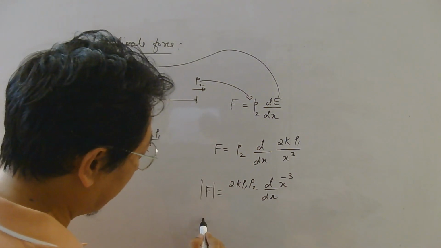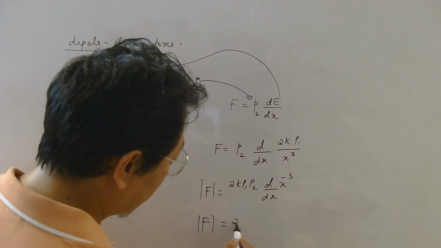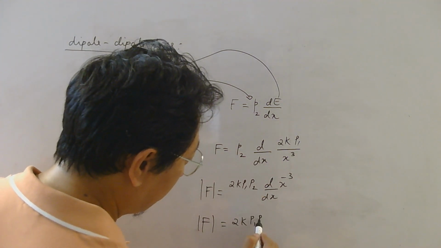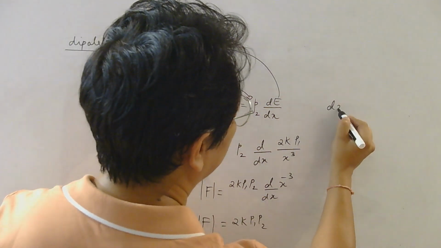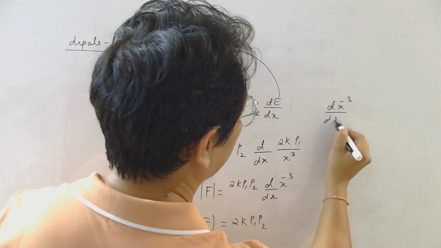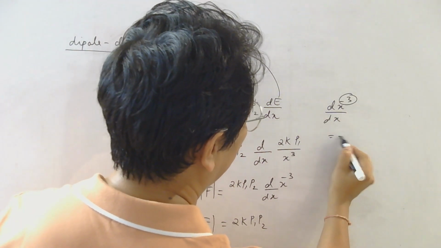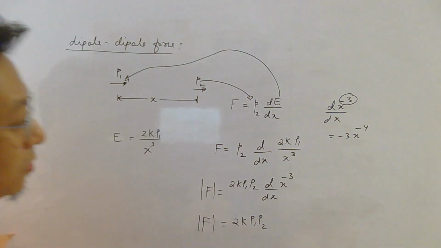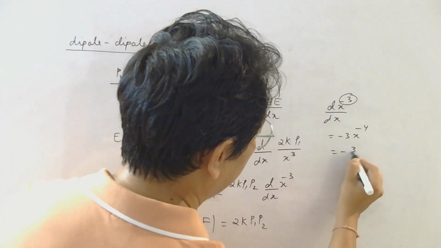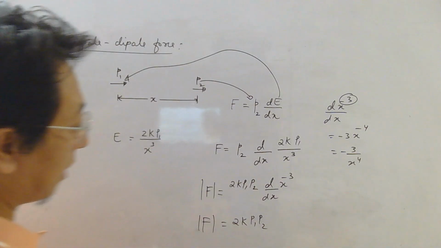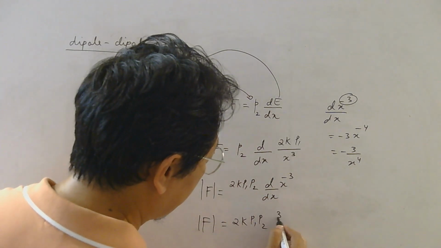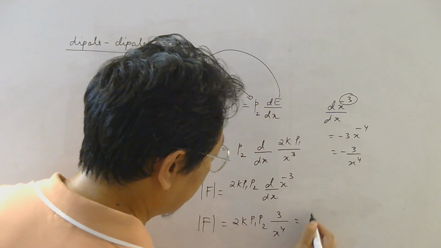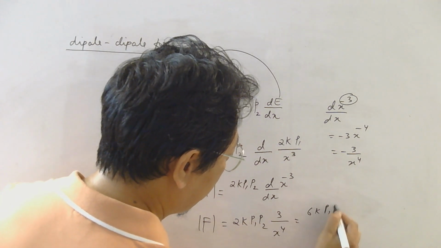The direction of the force I will let you know how to find. So this will be 2kp1 p2. Now differentiation of x power n is n x power n minus 1, so with n equal to minus 3, we get minus 3 by x power 4. But I want only the modulus, so it will be 3 by x power 4, which gives 6k P1 P2 by x power 4.